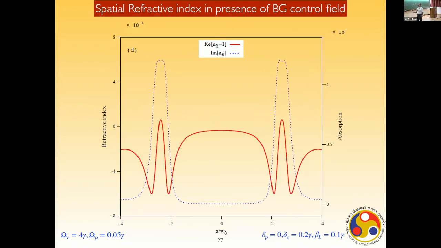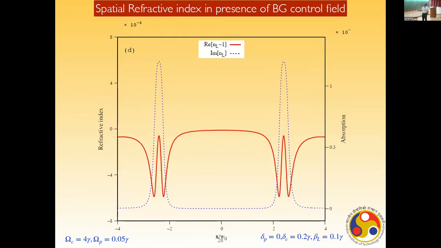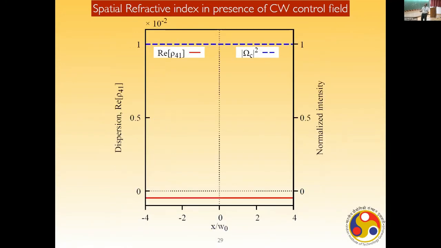So what we did here, instead of delta C equal to 0, we changed delta C to 0.2 gamma, and then you can see the right component also sees the core as well as the minimum absorption, and the left component also sees the core as well as the minimum absorption. So here the story is completed.